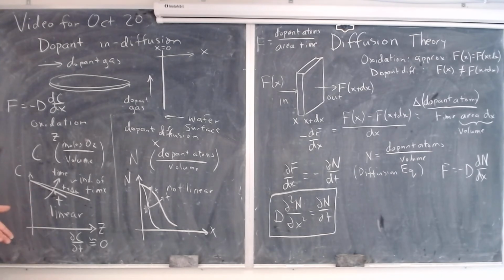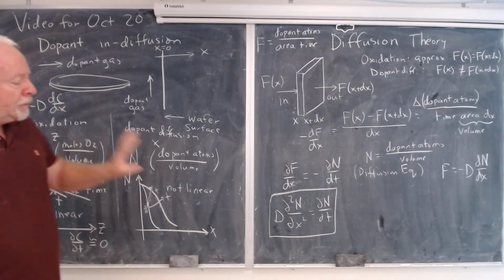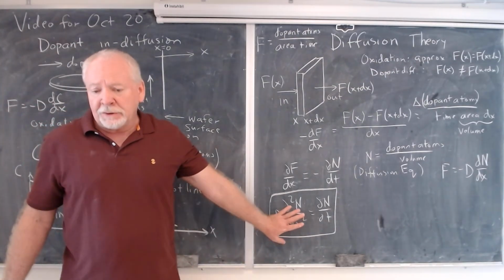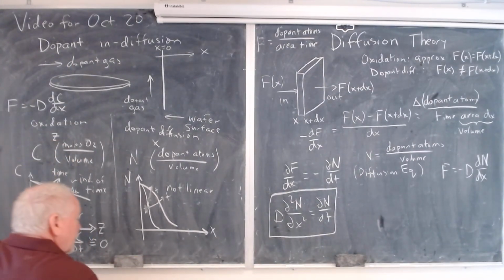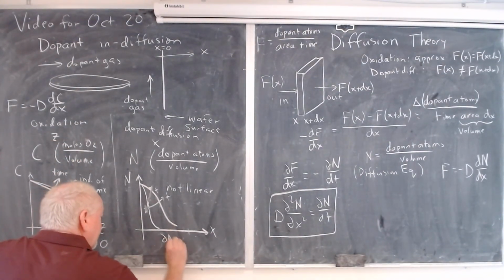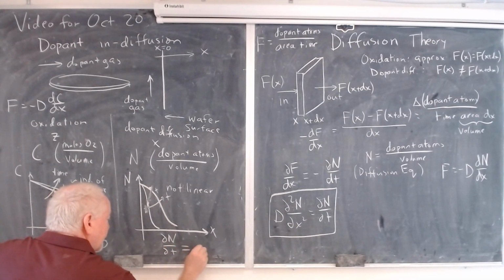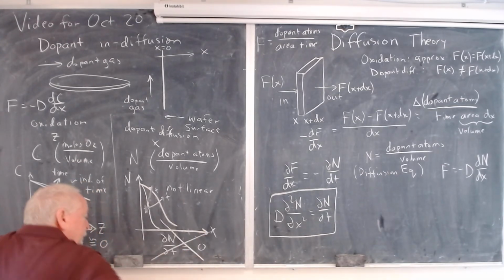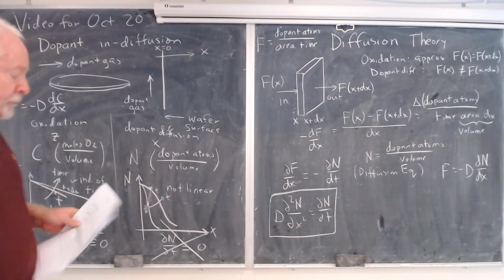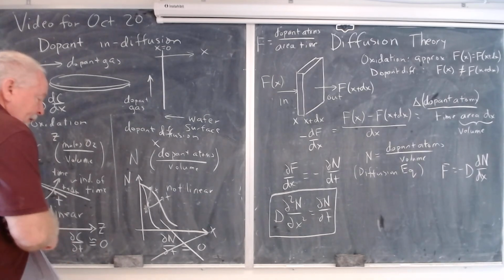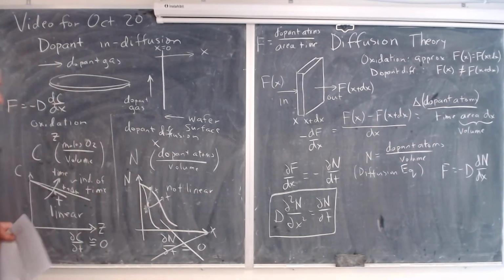So that's what we did. But now when we get to dopant diffusion, we can't do that. It's not true. We can't make the approximation that dn/dt is equal to 0. So for dopant diffusion, we have to use the full equation. Well, that's not so horrible. It's nice for oxidation that we can use a straight line, but for dopant diffusion, we can't.